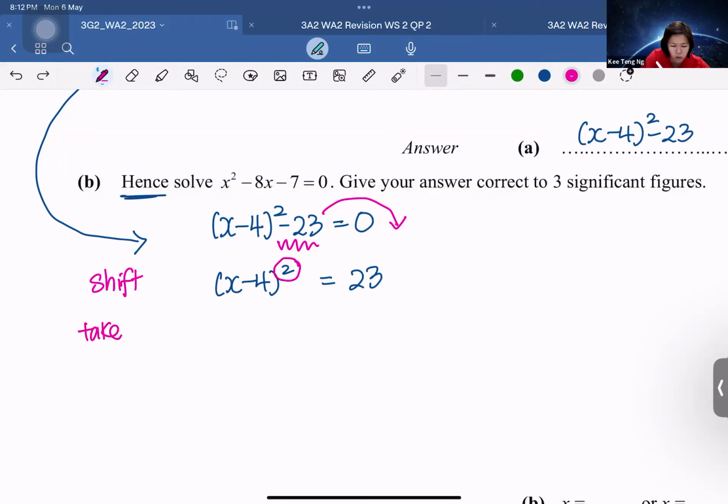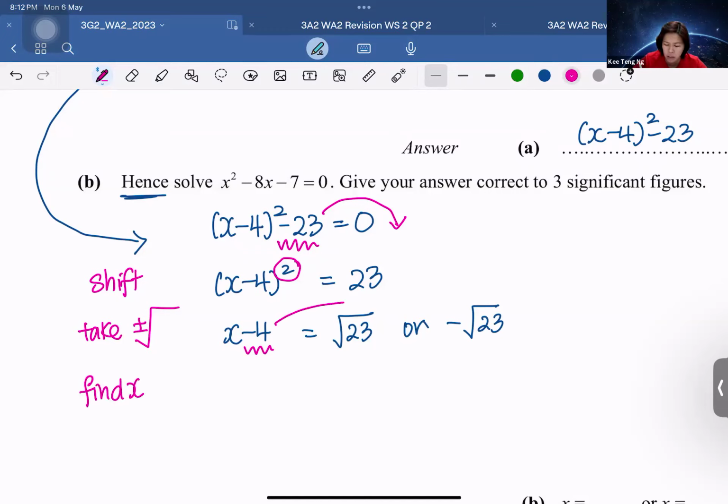When we take square root, how many answers are there? Got two answers, plus or minus. Personally, I don't like to write plus or minus. I like to write it as two separate answers. The positive square root 23 or negative square root 23.